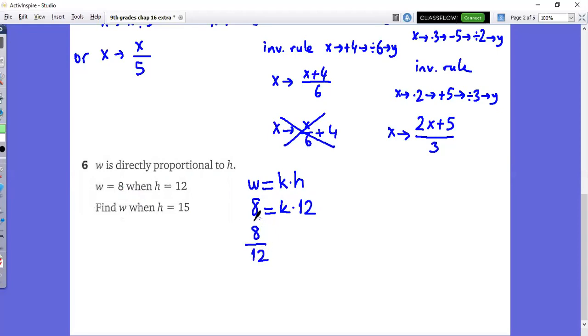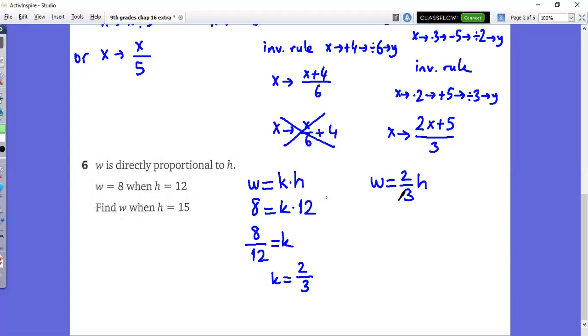In other words, it will be sent to the bottom of 8. So we can simplify each by 4. We get 2/3. So let's rewrite the equation: W equals 2/3 H. That means they are multiplied, 2/3 H.